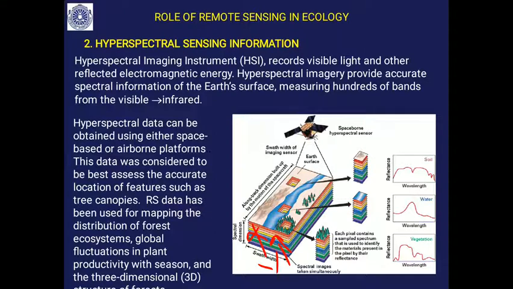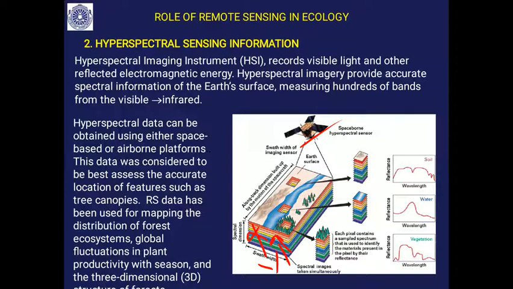Hyperspectral data can be obtained using either a space based platform, a satellite, or an airborne platform, using a helicopter or aeroplane. This data was considered to be the best to assess the accurate location of features such as tree canopies.